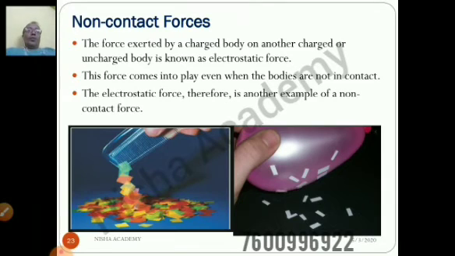When you comb your hair, the comb gets charged, and when this charged body comes near another body, it will attract it. It is called electrostatic force. This force comes into play even when bodies are not in contact. So this is also an example of a non-contact force.